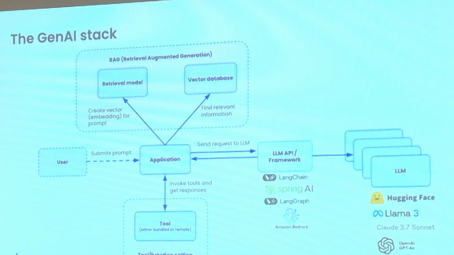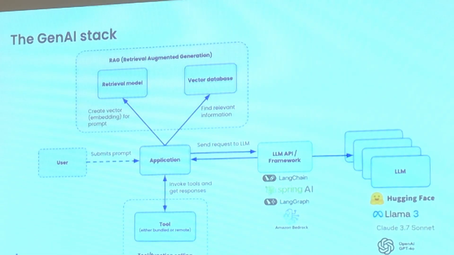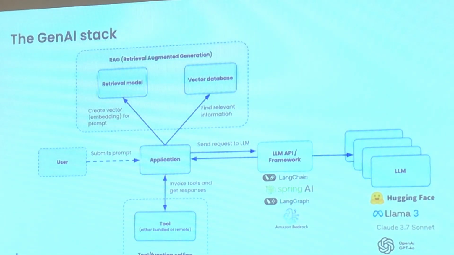Then your application can use the framework to talk to the language model. It can be an open source language model on Hugging Face. It can be your model that you're developing in your organization. It can be the model from a vendor, like Anthropic or OpenAI. But what the framework is doing, it just unifies how to talk to the model, so you can switch between models pretty easily.